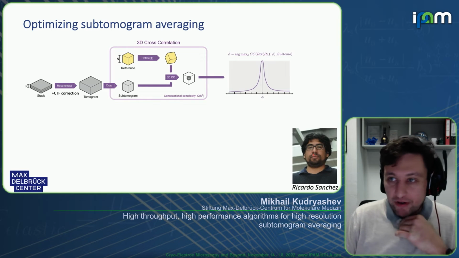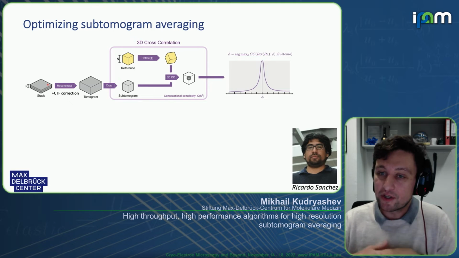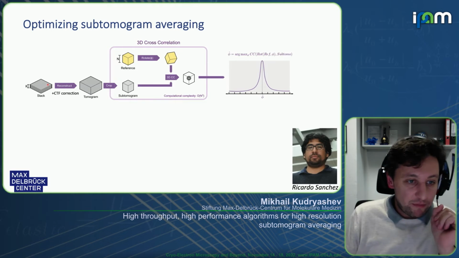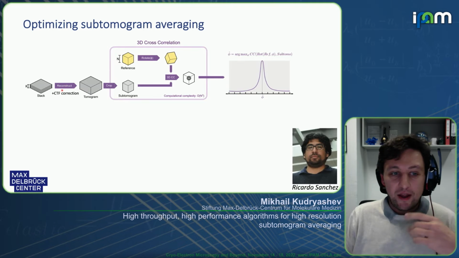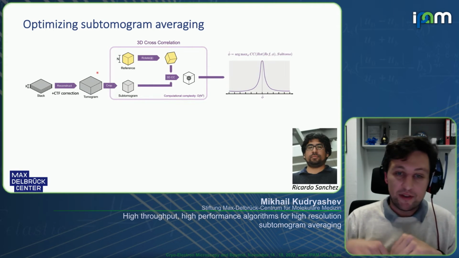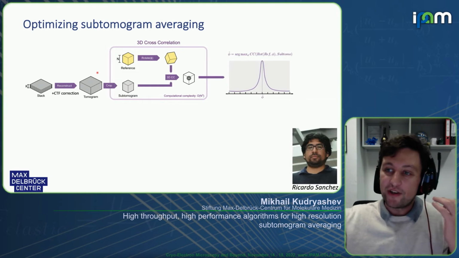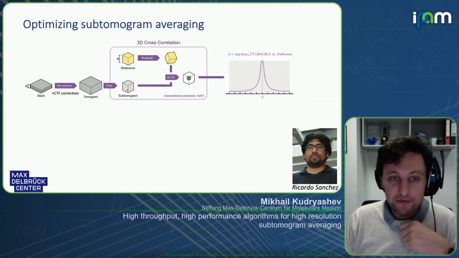When we do subtomogram averaging, the first thing we do is record a stack of projections. It's a tilt series, and then we perform 3D reconstruction and end up with a tomogram. A tomogram is large and 3D, and in it we identify our particles of interest and extract them, called subtomograms.